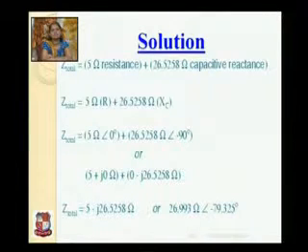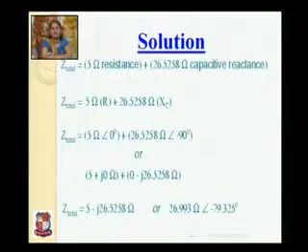So resistance is 5 ohm, capacitive reactance is already given, it is 26.5258. So your Z is equal to 5 plus 26.52, angle is minus 90 degree. We are considering XC, means it is capacitive reactance, so angle is minus 90. For inductive it is plus 90, for capacitive it is minus 90 degree.